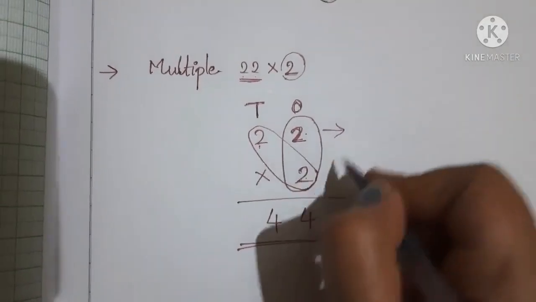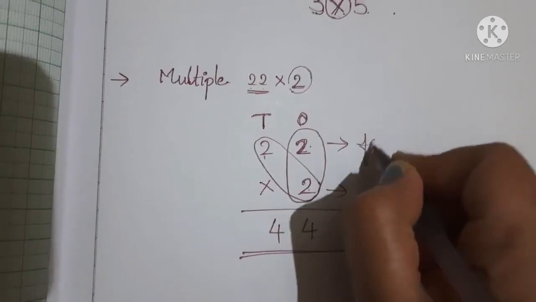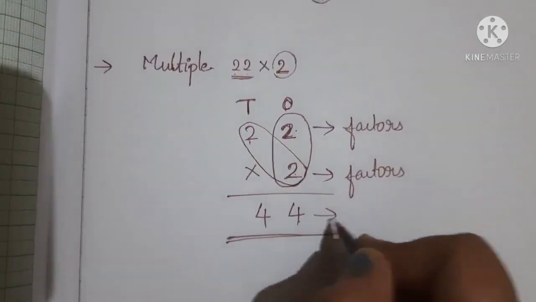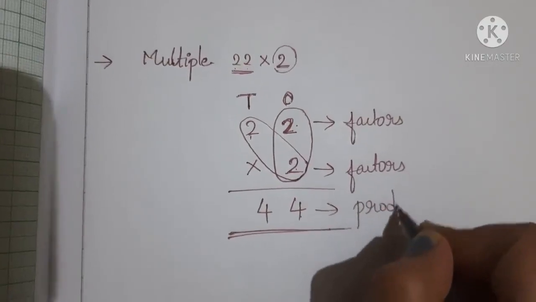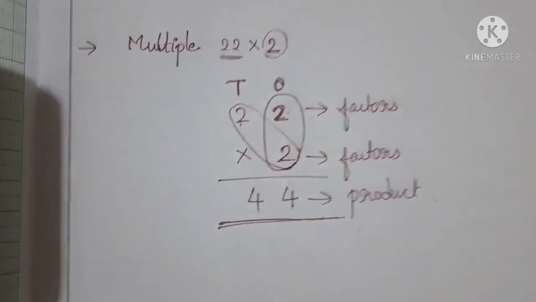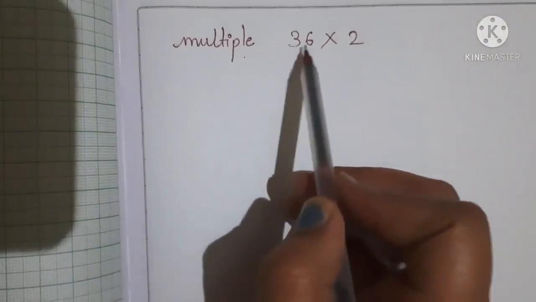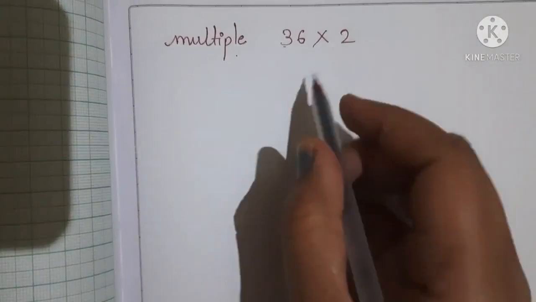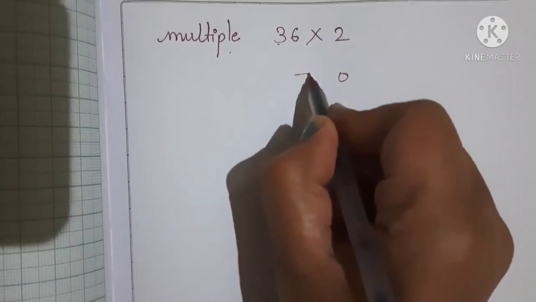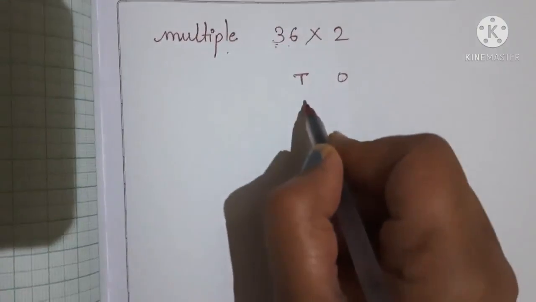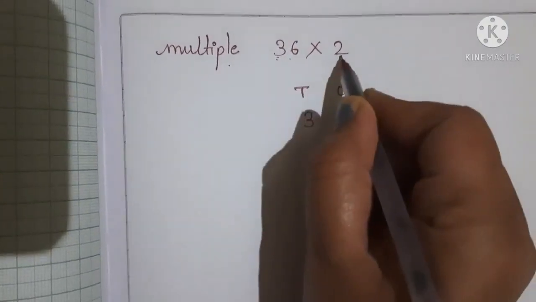Here, 22 and 2 are factors. And what do we call the answer? The answer is always a product. Right. Now, let us do one more example. Multiply 36 by 2. First, we are going to write the numbers under ones and tens. 36. Which number are we going to multiply with?